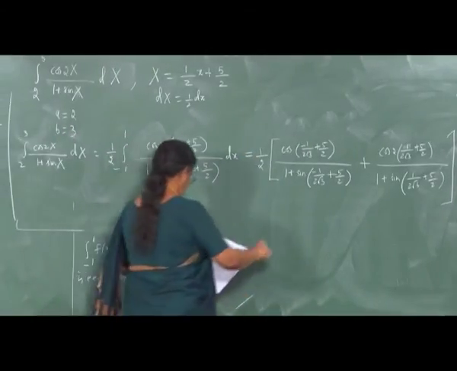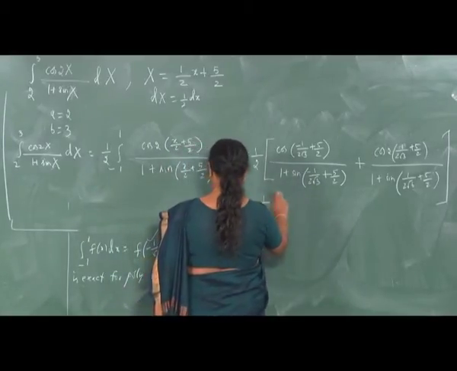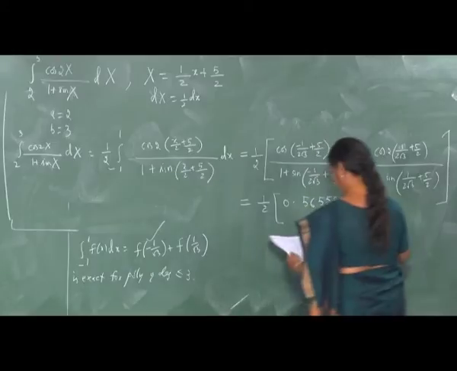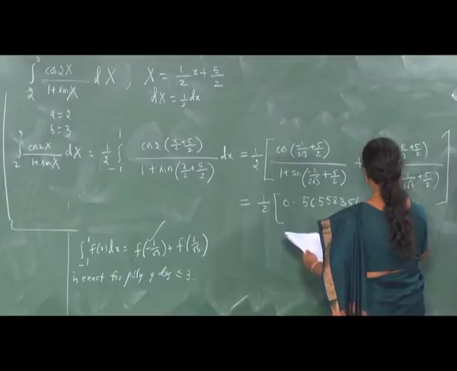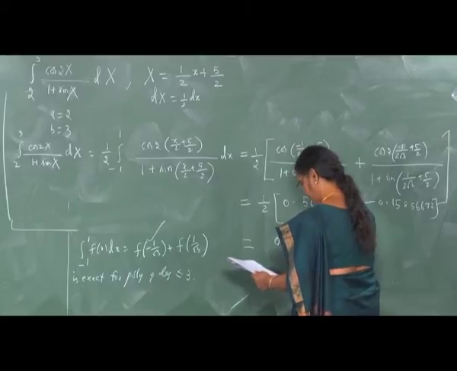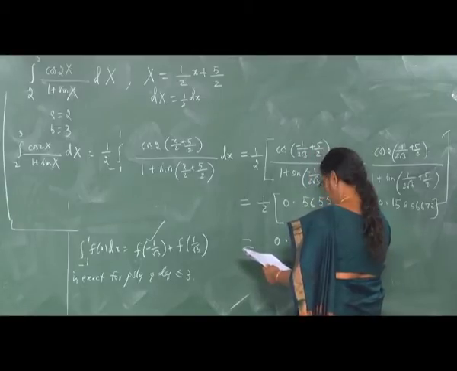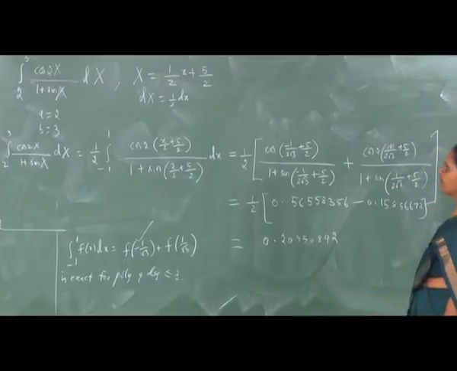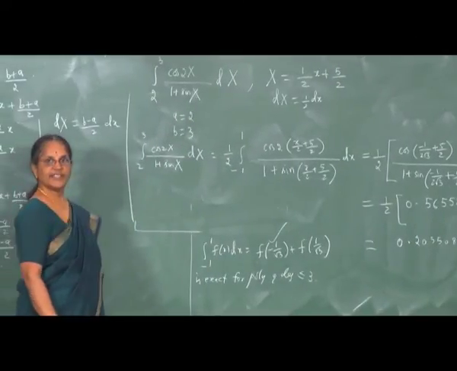You can use your calculator and then show that it is equal to half of 0.56558356 minus 0.15856672, and when you simplify, you get the result as 0.2035082. So, using the 2-point integration method, we have been able to evaluate this integral.